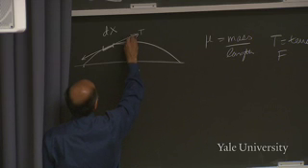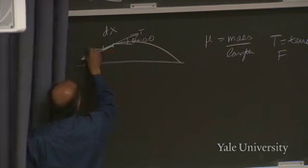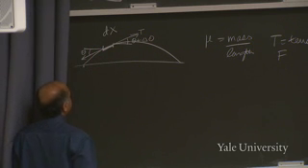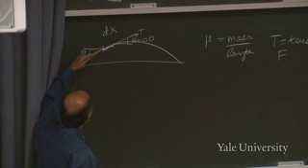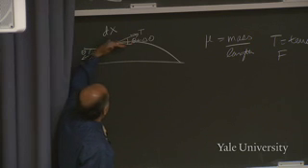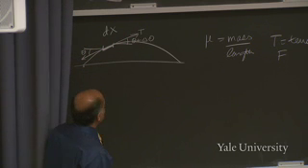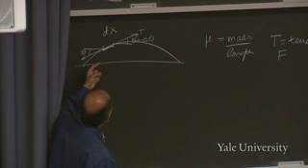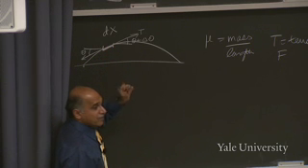But the angle at which it is pulling is not necessarily the same. Here, there is some angle, theta plus delta theta, and here, there is some angle, theta. This force is at an angle, say, theta below the horizontal. This is pulling at theta plus delta theta. So the string is curving, and therefore the tangent to the string at this end and that end are not quite the same, and that's the key.